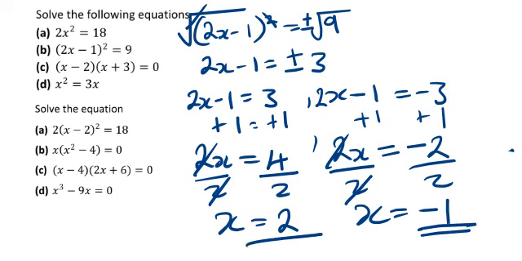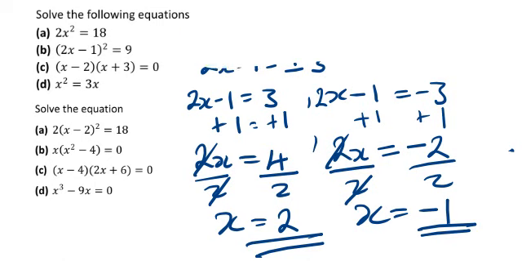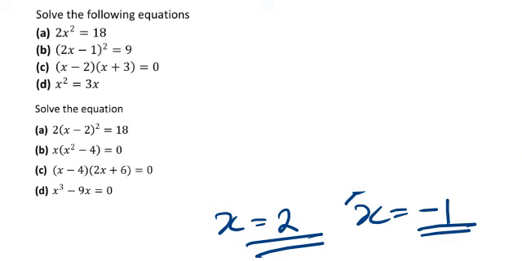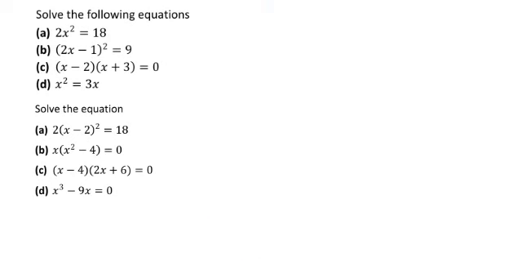That is our answer. Now for the other method, you have 2x minus 1, squared, equal to 9.